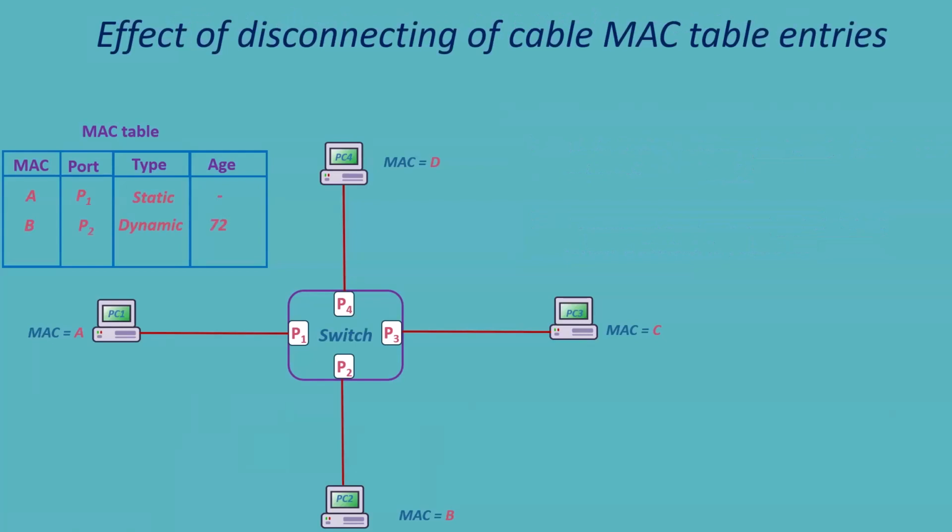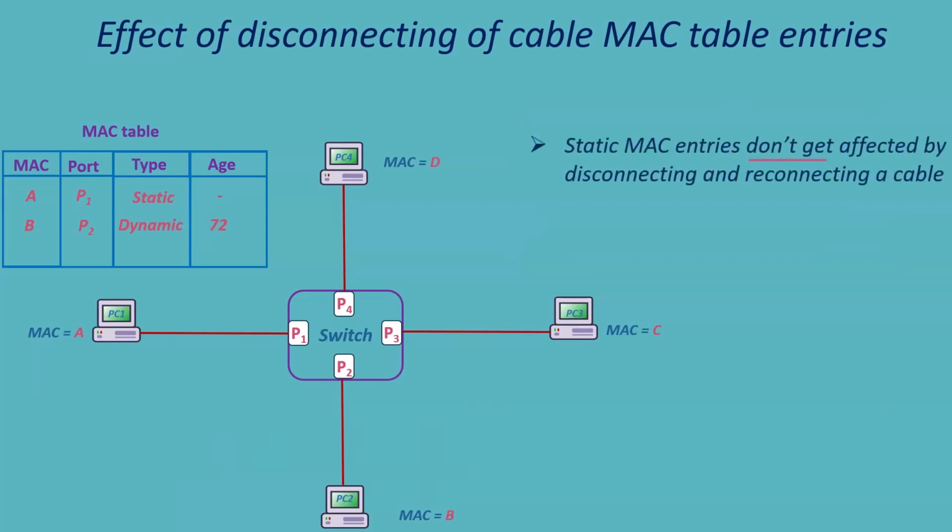Effect of disconnecting a cable on MAC table entries. If we disconnect a cable and reconnect it, the static MAC entries don't get affected.